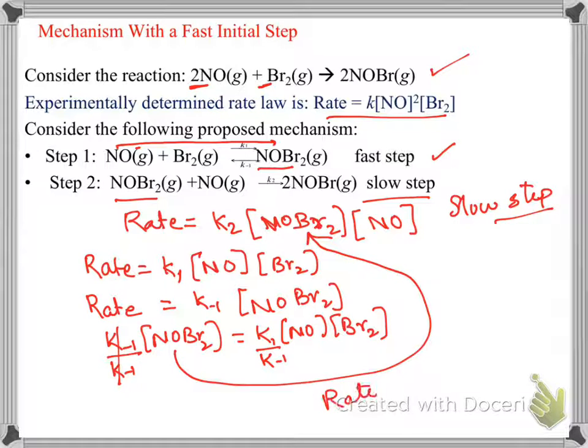Rate equals k2 times [NOBr2], which is now k1 over k inverse 1 times [NO]. And can you see there is one more NO here, that will become [NO] squared times [Br2]. And if you look, this theoretically found rate matches the experimentally determined rate law. So that means this proposed mechanism for this reaction makes sense.